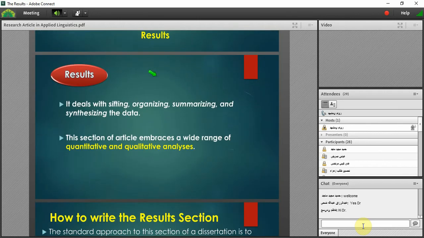So, as I told you, in the results section, you sort, you organize, and you summarize the data. Data from what? Data from tests, data from questionnaires, data from interviews, okay? We usually have quantitative, qualitative, and mixed method approaches to the results sections.